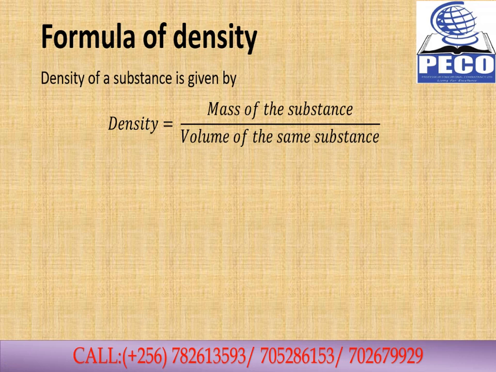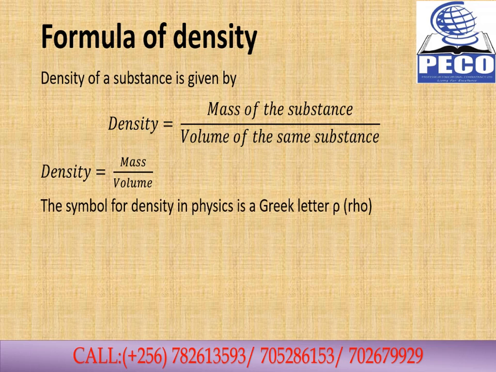I want to emphasize this, the volume of the same substance, because even if you get the mass of a substance and divide by the volume of another, you will get a value, but that will not be the density of that same substance. So the formula is mass over volume, but remember, it should be of the same substance.